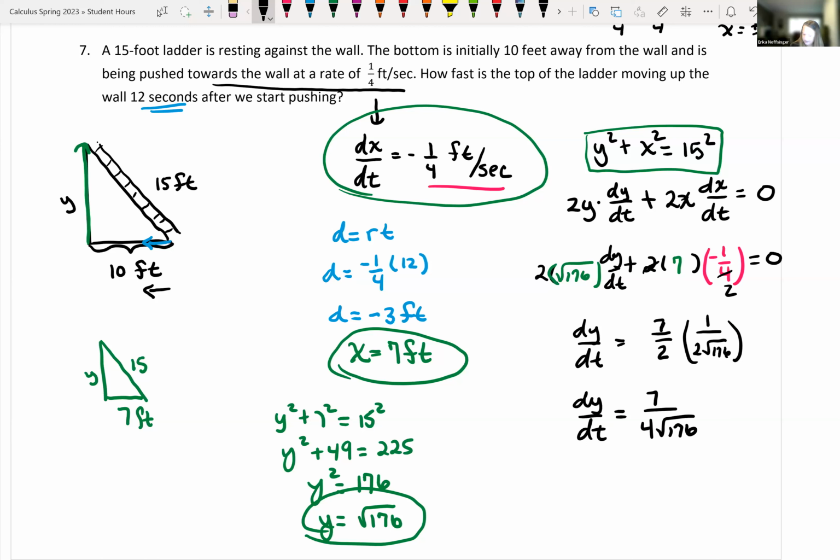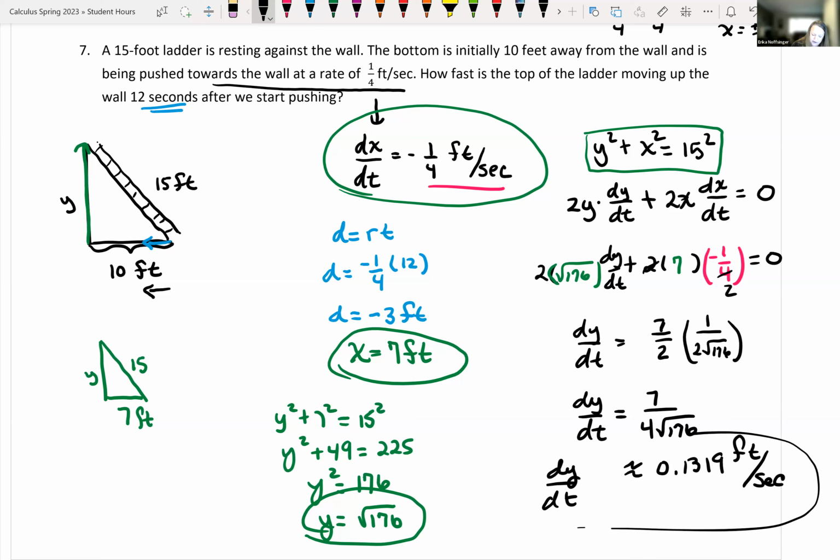We can simplify this, which is approximately 0.1319 feet per second. So the height of that ladder is increasing by that much, in feet per second, at 12 seconds after we start pushing the ladder up against the wall. So this problem is worth 10 points.